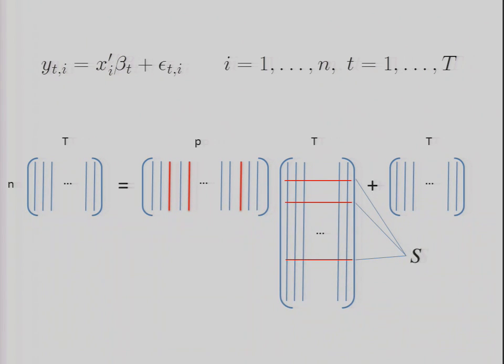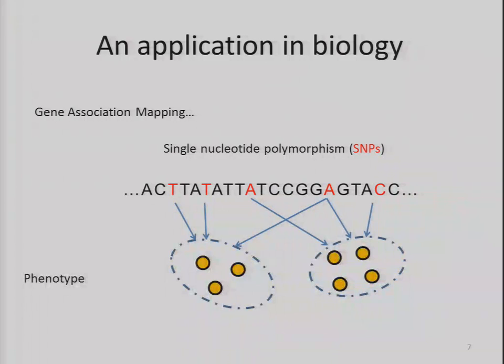Okay? And so you may wonder, why is this a useful model? And I'm going to present you two applications where this model has been successfully applied. First application comes from computational biology, and the problem is called gene association mapping. In this particular problem, X is the observed gene sequence, and Y are some phenotypes. For example, phenotypes could be concentration of genes in a particular cell.